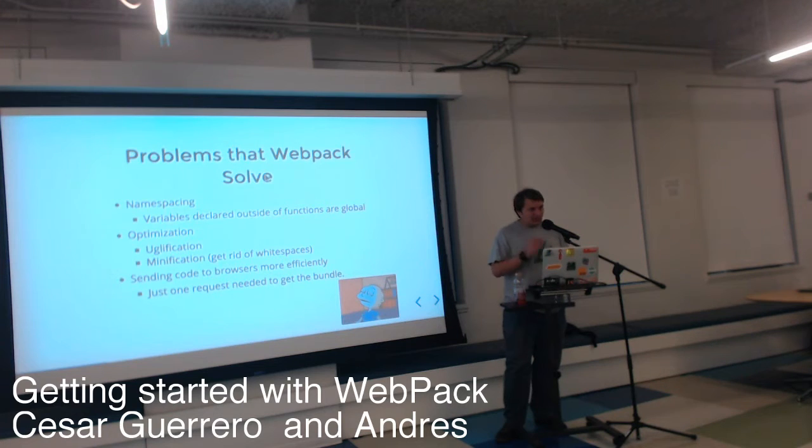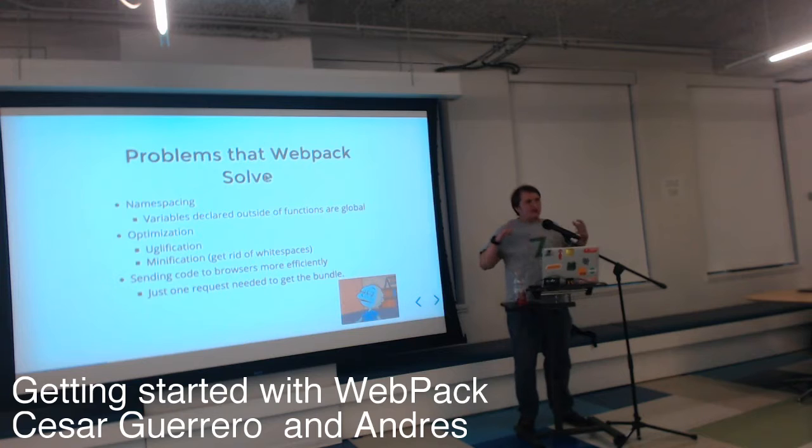You will do the uglification and minification, so you will get rid of the white spaces and all your big variable names. They will just be turned into A, B, small names, so you will save bytes, and all of your bundles will be very small. And also you will try to send the code to browsers more efficiently.